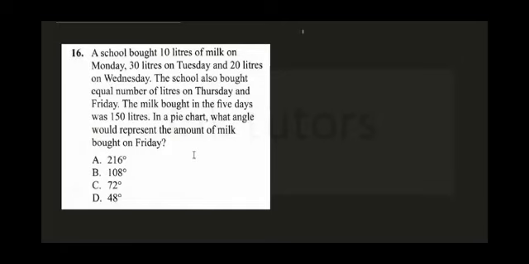Now, they bought 10 on Monday, 30 on Tuesday, and on Wednesday, the school bought 20.